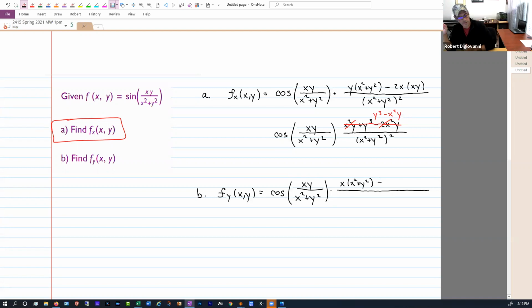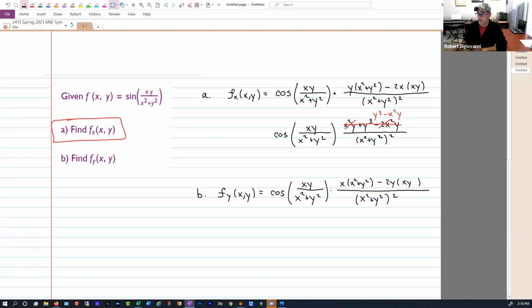Then minus. Is it 2y? Yep. Then times the top, right? Yeah, xy. There you go. And then everything over the bottom squared. That's it.